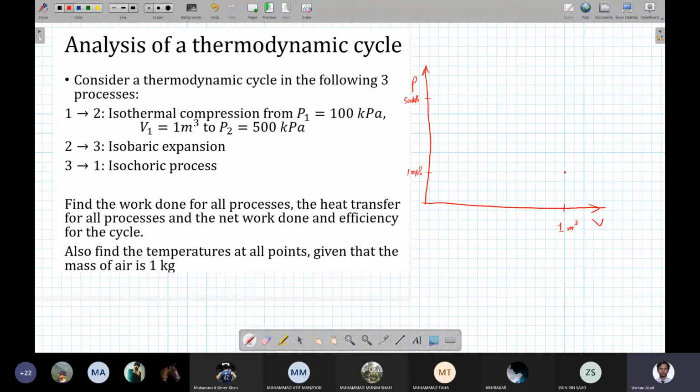ठीक है, without doing any math, so my point 1 is right around here. Without doing any math, it's clear enough कि जब मैं pressure बढ़ाऊंगा तो मेरा volume कम होगा in the compression process. ठीक है. So as I increase the pressure, मेरे ख्याल में I said something very weird.